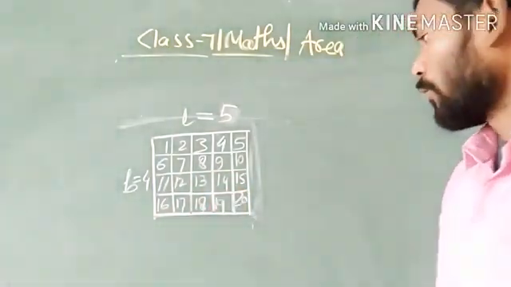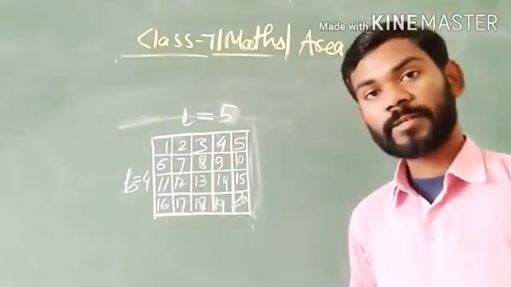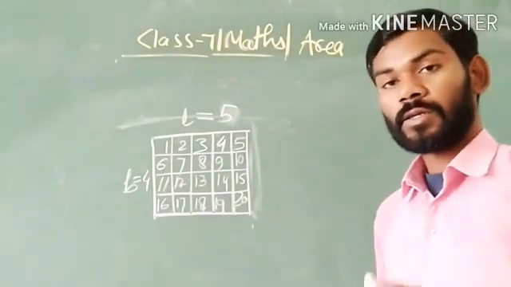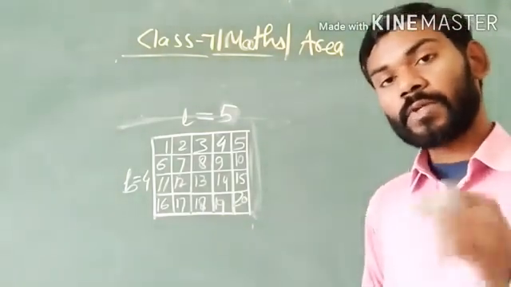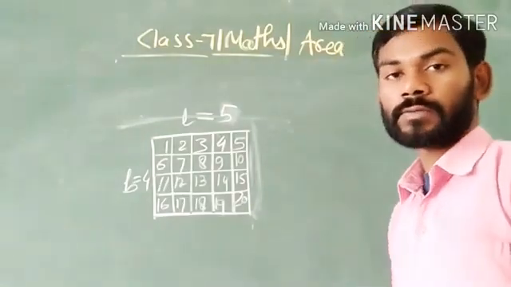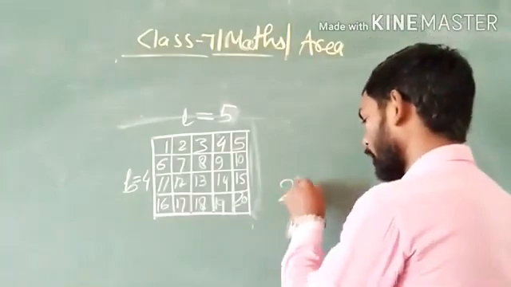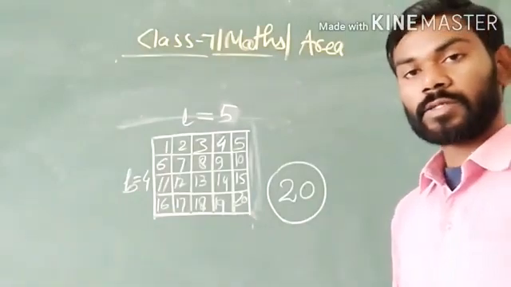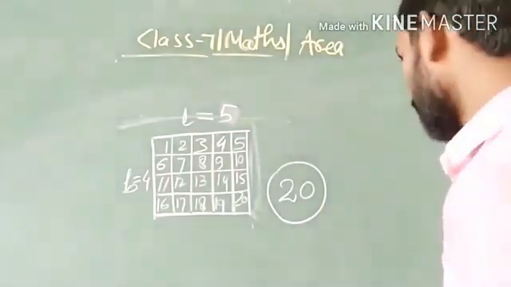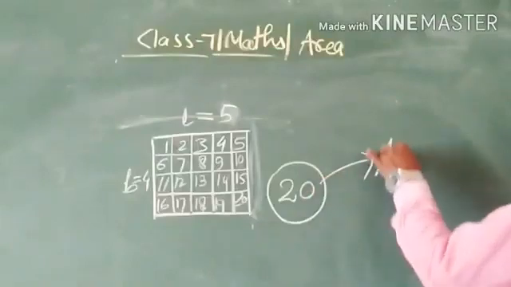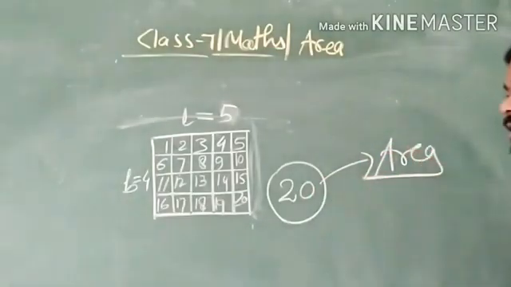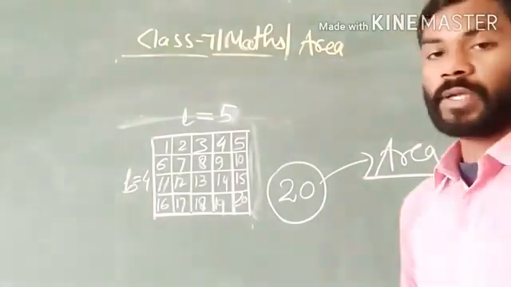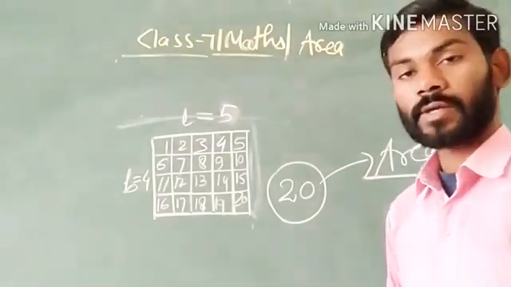So when we count these small squares, we observe that the total number of squares is 20, which shows that 20 is the area of this figure.